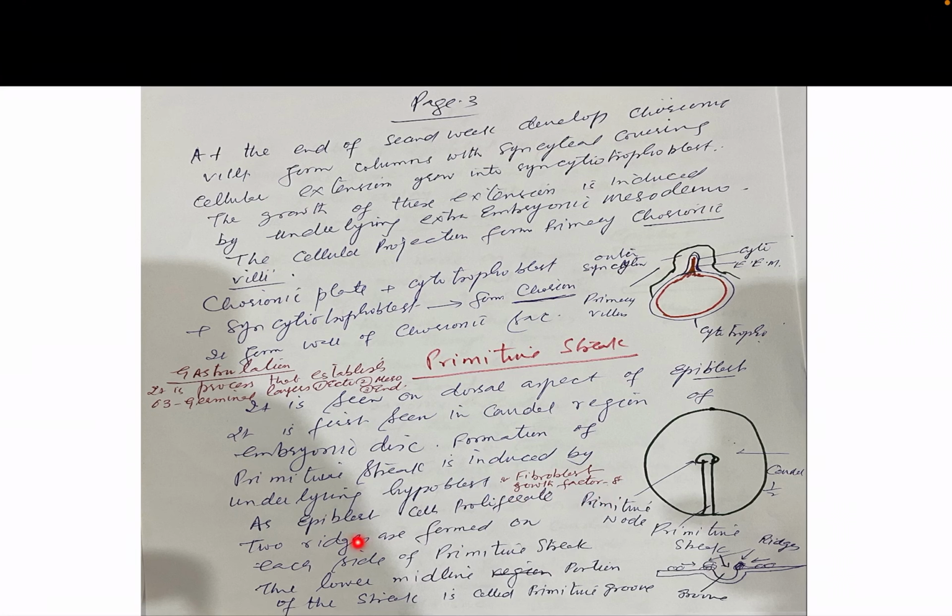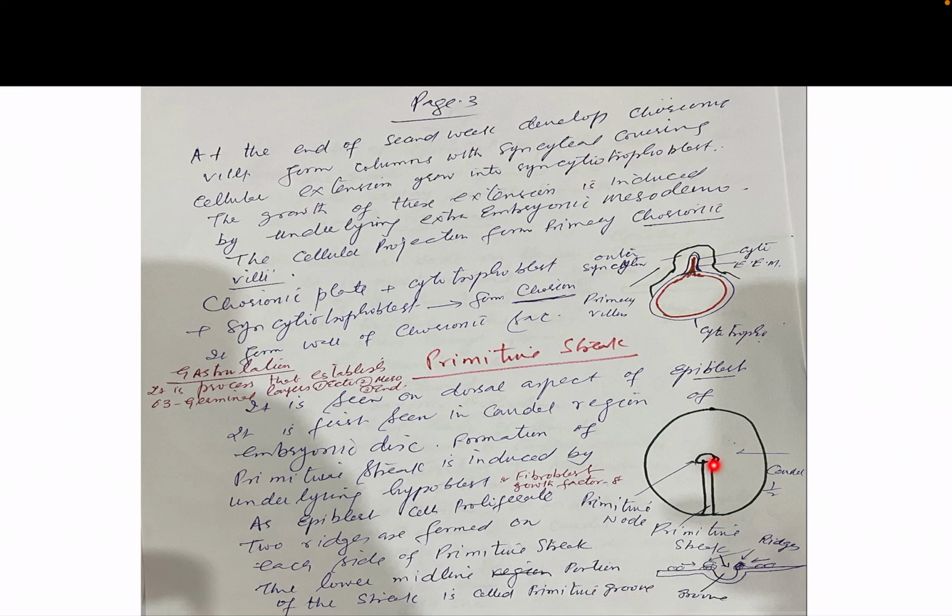that is the correct answer. As epiblast cells proliferate, two ridges are formed on each side of the primitive streak. The lower midline portion of the streak is called the primitive groove.